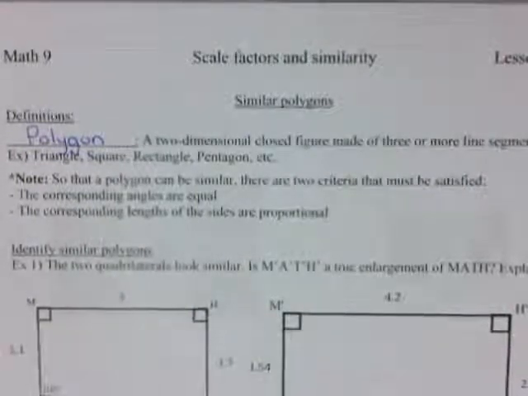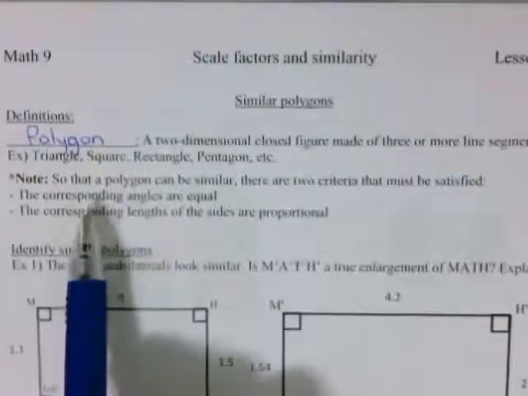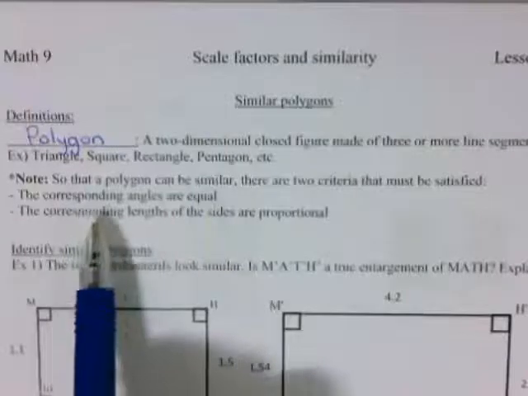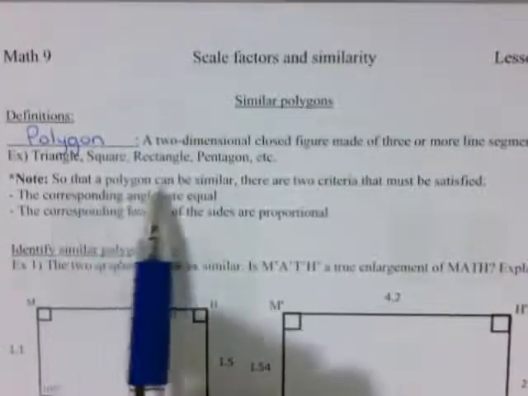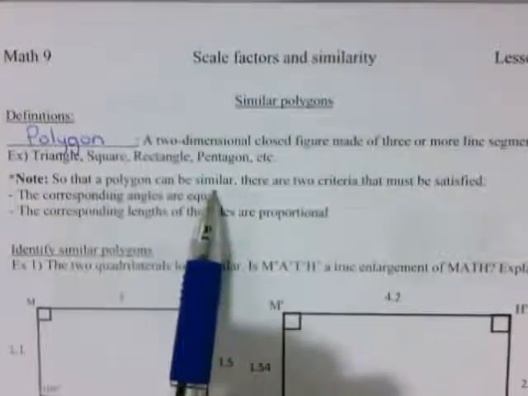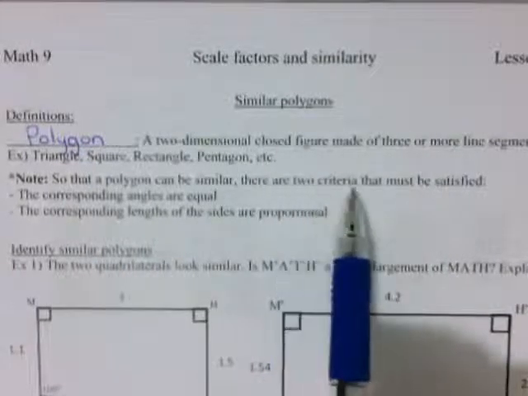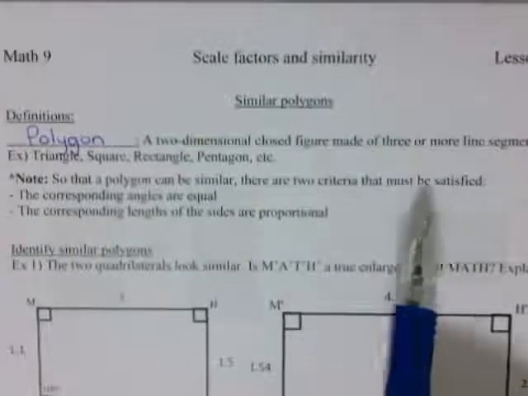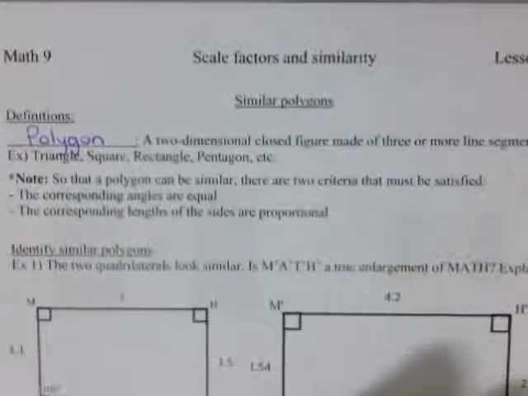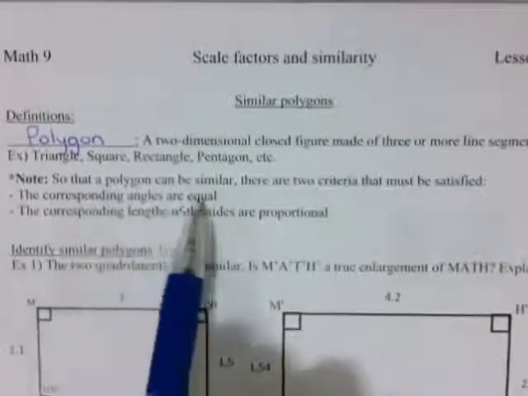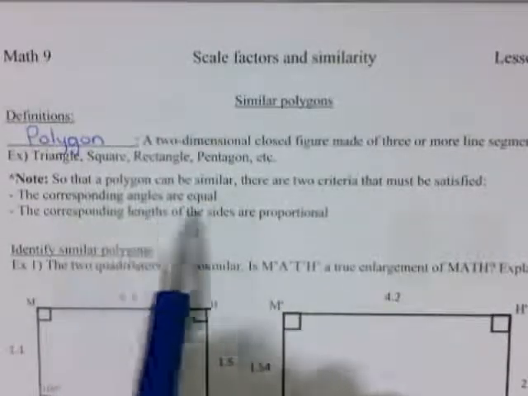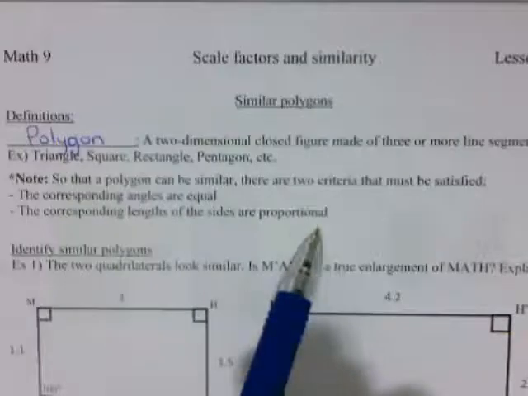The only difference between a similar polygon, which does not include triangles in this particular category, versus the similar triangles, is that with similar polygons, in order for them to be similar, you have to make sure both criteria are satisfied. With similar triangles, we only had to prove one: that the corresponding angles were equal, or that the corresponding lengths of the sides are proportional.